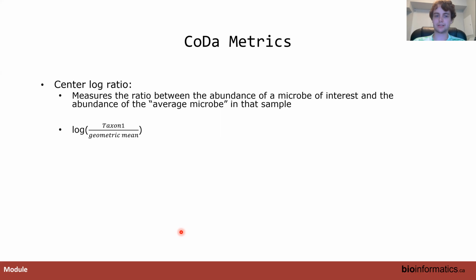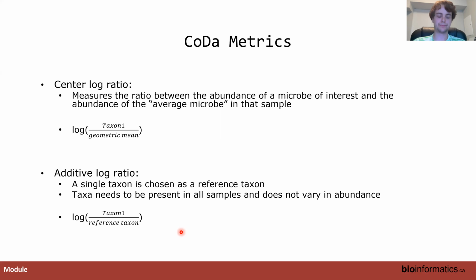The second metric is called the additive log ratio. The additive log ratio, rather than using the average microbe as the denominator, you instead pick a reference taxon. And this reference taxon, generally, you would want to be present in all the samples you are examining, and also not to vary in the cell count or the biomass of the samples you are interested in looking at.